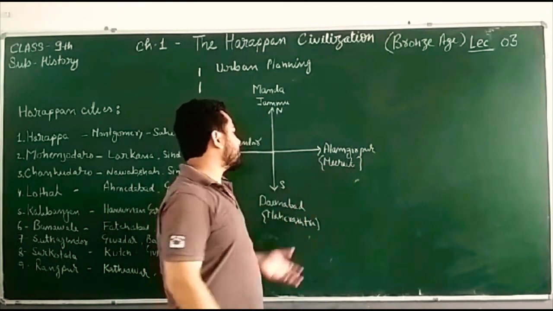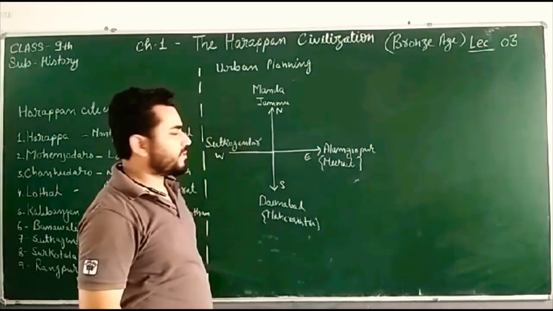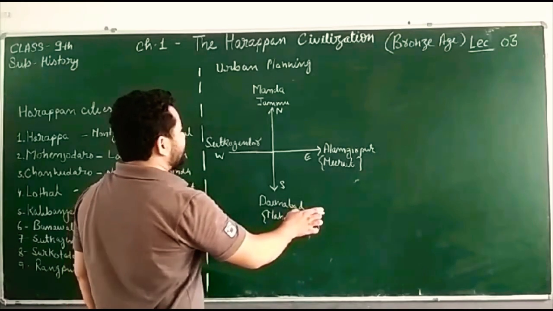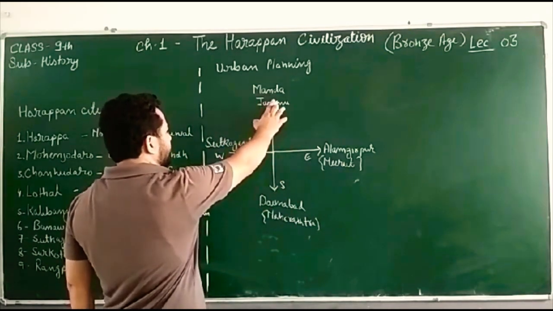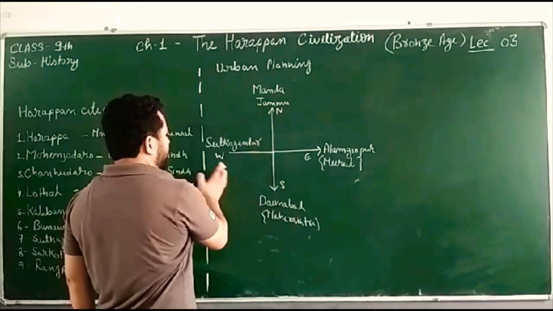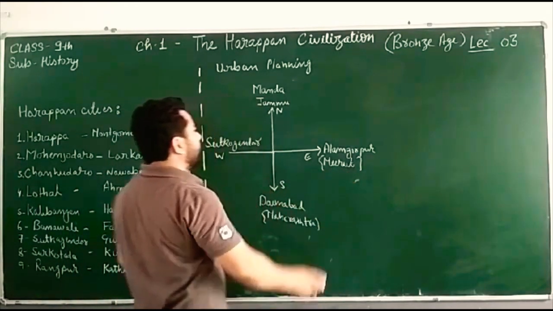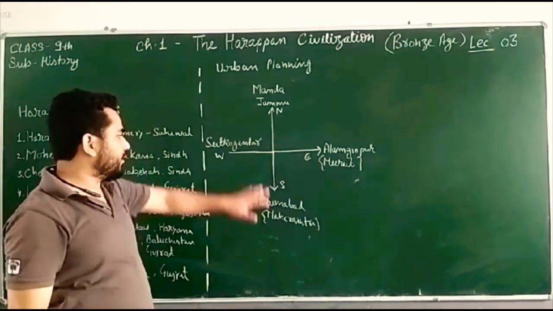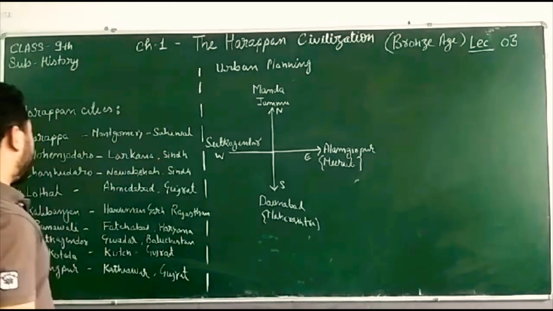This was the easternmost site of Indus Valley civilization cities. So you can say the cities were all spread from Jammu to Maharashtra and from Afghanistan to UP. All cities were located within this area, right?